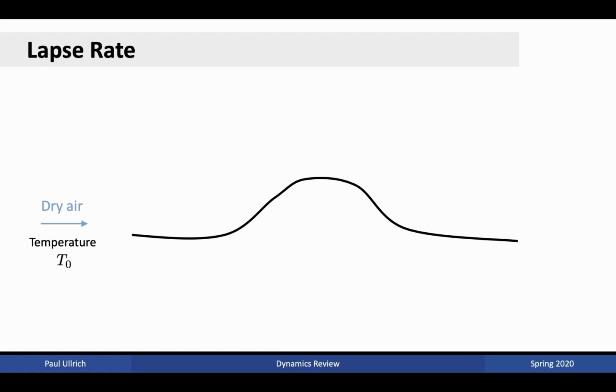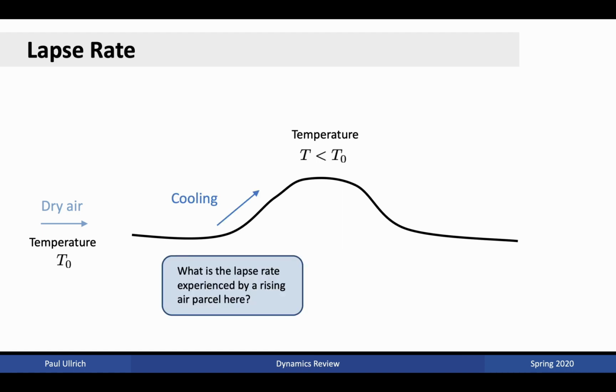The initial temperature of this air is T naught. As that air rises over the hill, again, it's being forced by dynamics as the fluid comes in and thus is able to rise. It experiences a dry adiabatic lapse rate, and so by the time it reaches the top of the hill, the temperature is then lower than the initial temperature T naught.